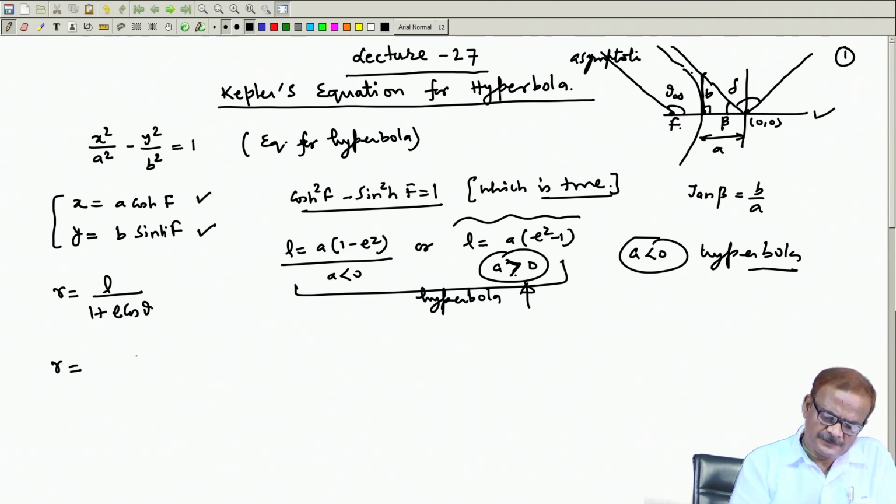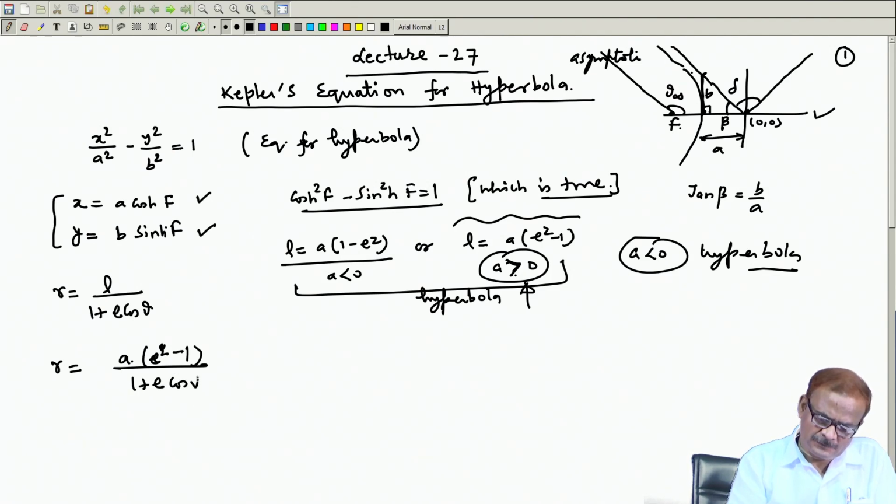Then, using this equation, we have written r as a times e square minus 1 divided by 1 plus e cos theta, and then we rearranged it.